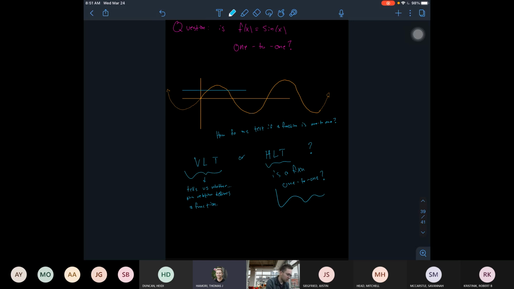So in this case, we would say that no, f of x equals sine x fails the horizontal line test, and hence is not one-to-one.